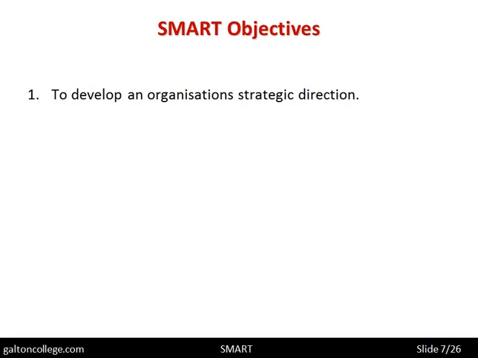So, to develop an organization's strategic direction, that's the idea. Develop the organization's strategic direction and do it consistently, do it logically, and ensure that it meets certain minimum standards and requirements.